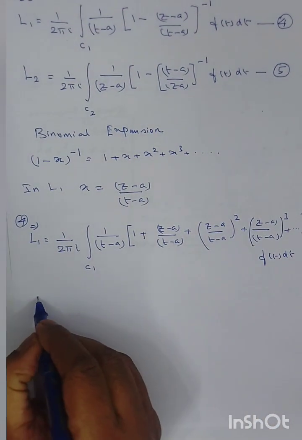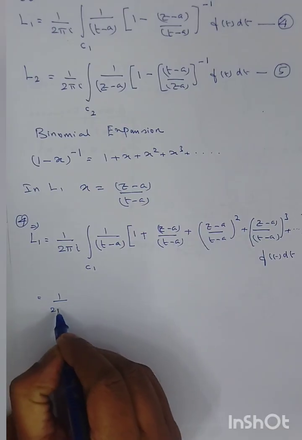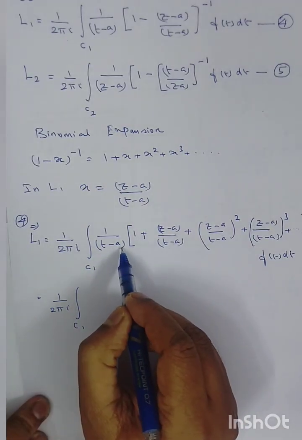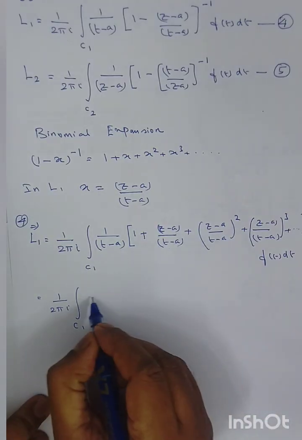Now, 1 by 2 pi i C1. You multiply this t minus a in the denominator everywhere. So when you are multiplying, what will happen?